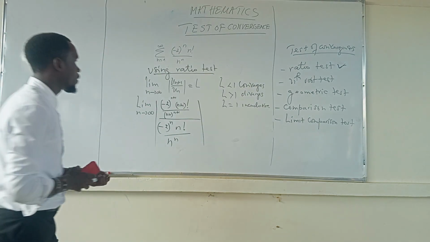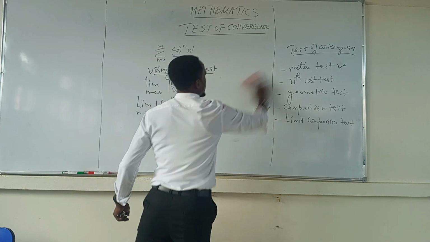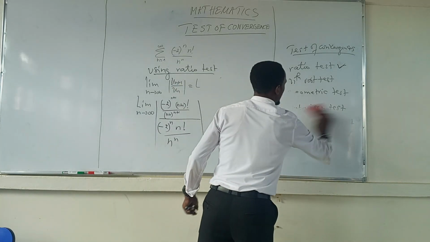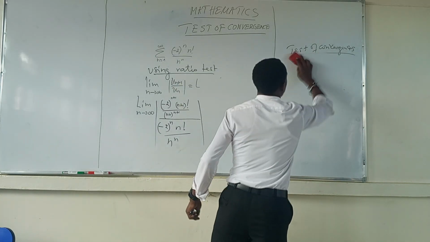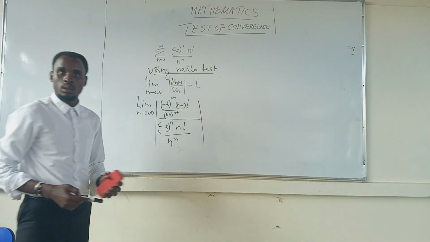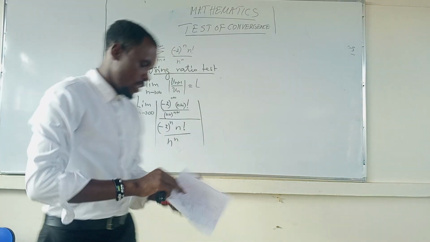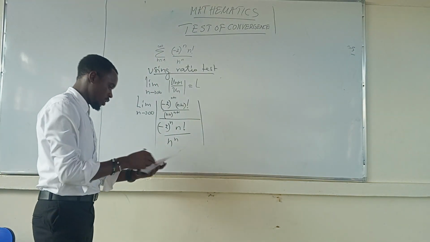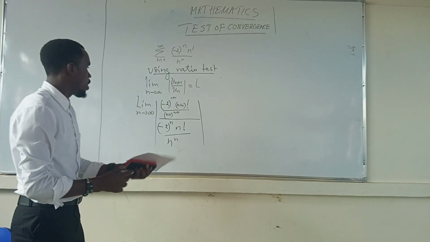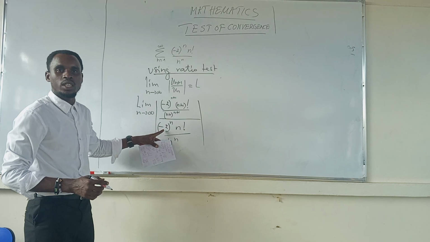And here, allow me to frame this. You can see what we have. It means I have already written this well. So you know that I'm having a fraction divided by a fraction.